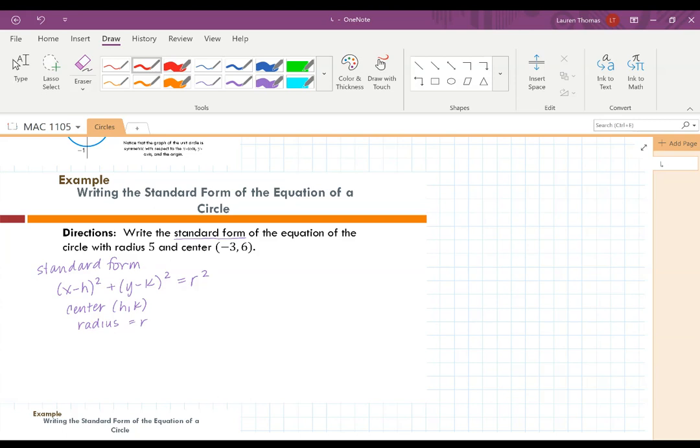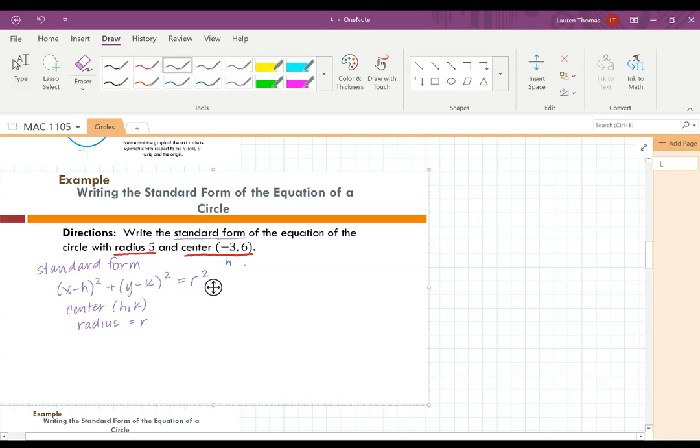We can see right here that they said the radius is 5, and they told us the center is -3, 6. So it looks like we should be all set to go. All we need to do is plug that information into standard form. Since we know our center, we know that -3 is h, and 6 is k.